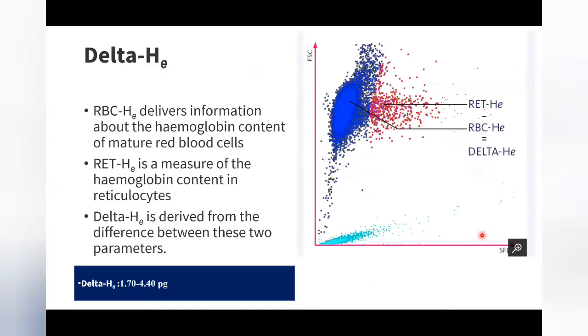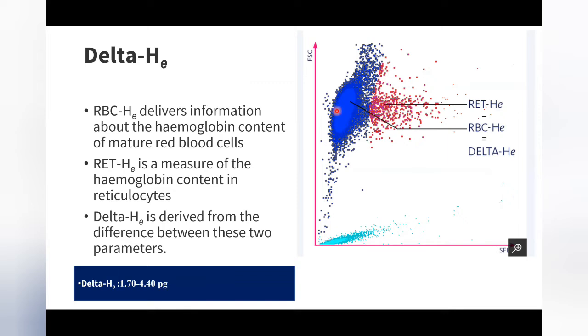If you look at delta He, what do you understand by delta He? This is considered as a difference. All of you know this plot which we studied: forward scatter and side fluorescence, where this big chunk here is the RBC, and here come your reticulocytes, with lower fluorescent intensity.